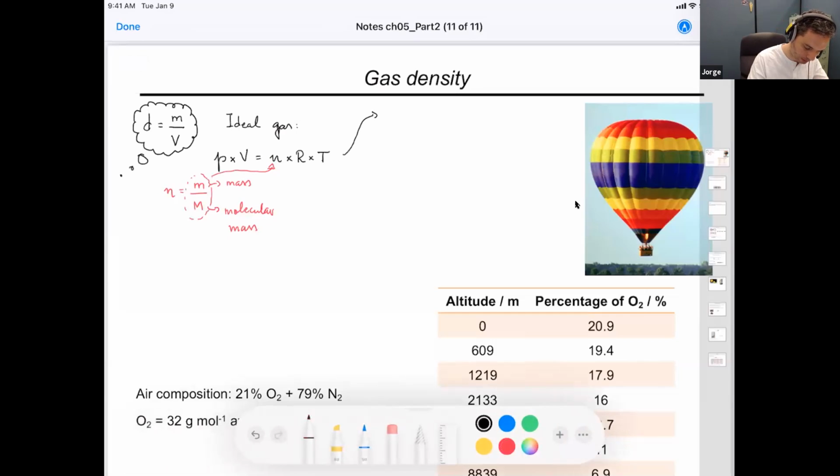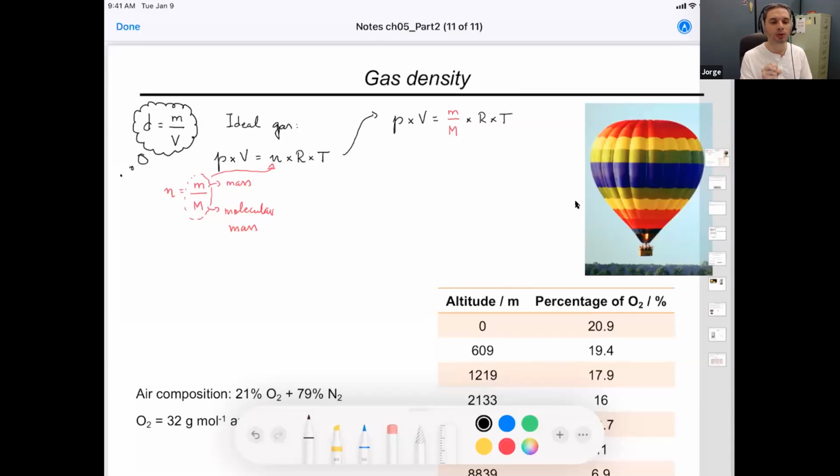Continuing over here, we can write pressure times volume. Instead of writing number of moles, I'm going to write mass over molar mass or molecular mass times R times T. What I want to extract is a formula for the gas density.